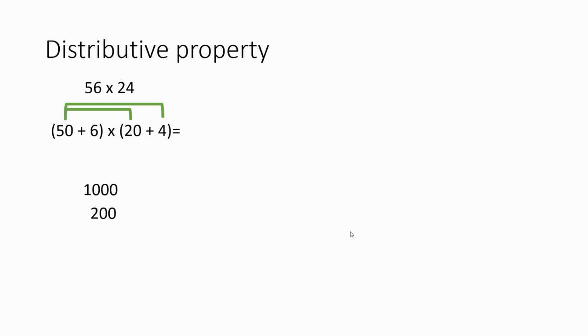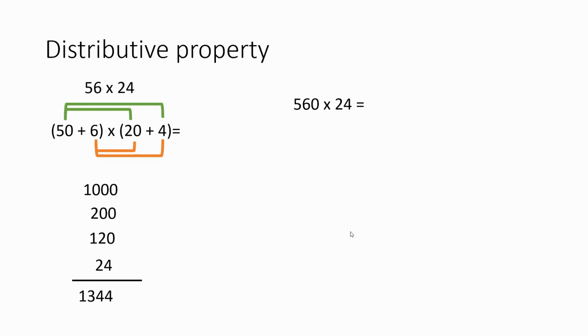And I'm going to take the 6 and times it by the 20 to get 120, and then the 6 times the 4, which would give me 24. And I add all that up. Now my answer is 1,344.